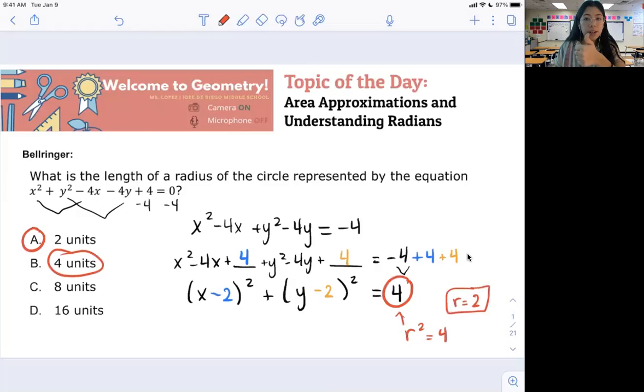So make sure that you always take the square root of that number. And another big mistake is just to forget to add it to both sides. Whatever you add on the left side, you have to remember to balance it out and add it also on the right side. All right, so any questions at all? Going once? Going twice?